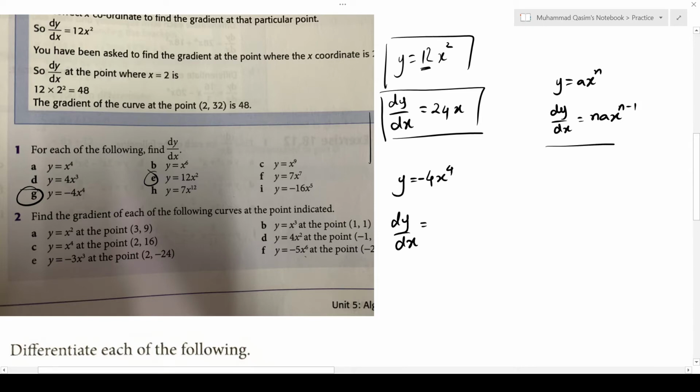Now 4 times negative 4 is going to result in negative 16, and the power of x will be reduced by 1. So from 4 it will be reduced by 1. So that will give me my negative 16x cubed. So dy by dx equals negative 16x cubed.